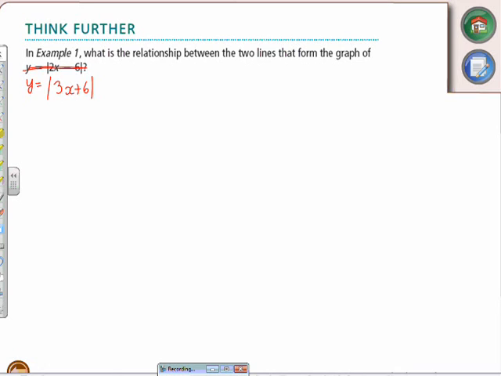Okay, so that next question there. In the example 1 we did, instead of using the worked example of the absolute value of 2x minus 6, let's look at 3x plus 6. And what's the relationship between the two parts of the line, the two portions? We had this one portion and this second portion, the left side and the right side of where it bounces off.